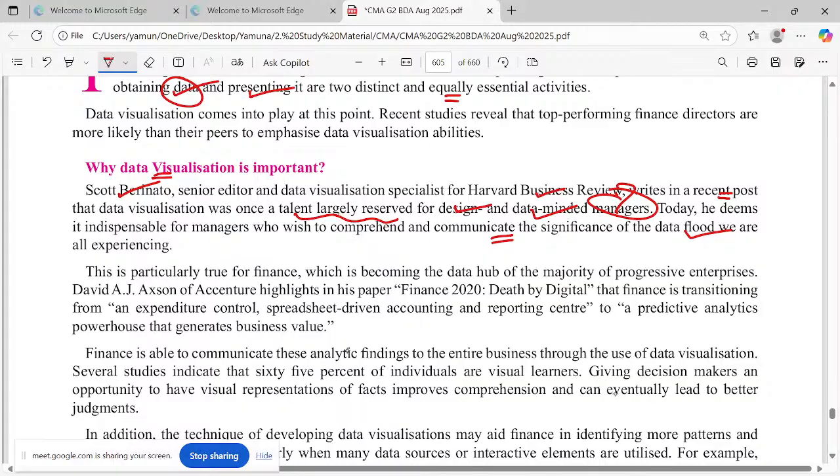So when we talk particularly about finance, yes, we can say it's the data hub for the majority of progressive enterprises. This has been highlighted in the paper presented by David A. J. Axon, Debt by Digital, Finance 2020.